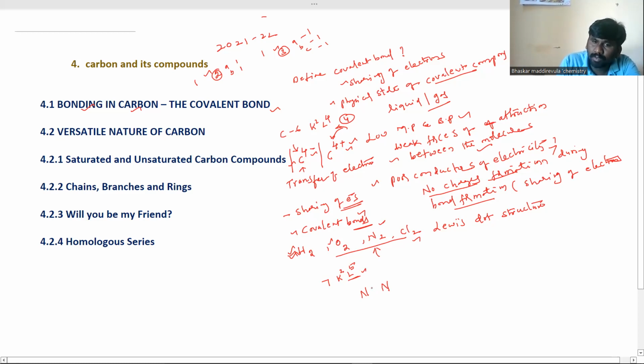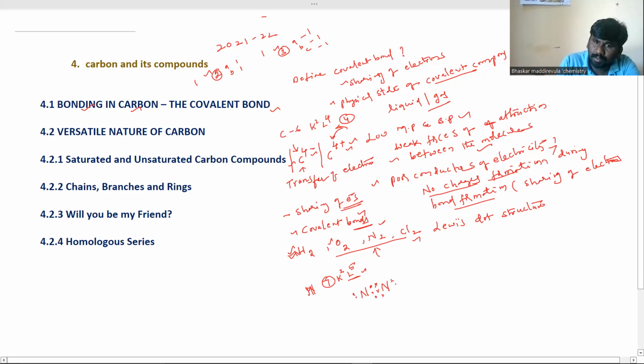Nitrogen requires 3 more electrons to get the octet configuration. So each nitrogen shares three electrons, three pairs of electrons, to attain the octet configuration.